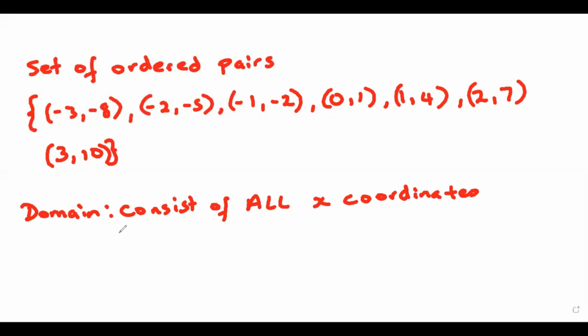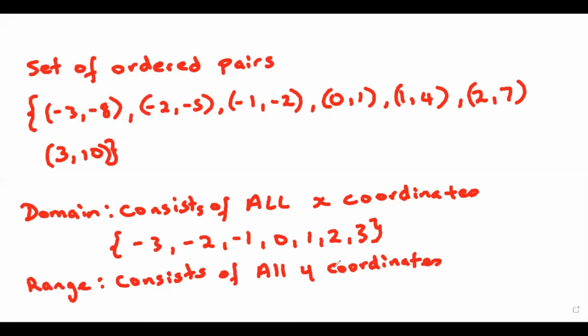So it would be -3, -2, -1, 0, 1, 2, and 3. Then you have your y coordinates, range, output, or image for this one. And it would be -8, -5, -2, 1, 4, 7, and 10.